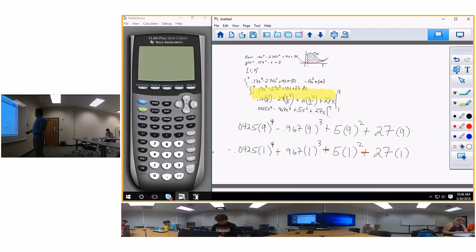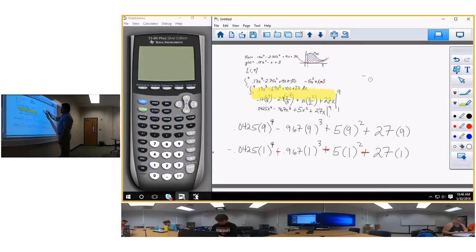So that's going to give us on the bottom minus 0.0425 plus 0.967 minus 5 plus 27. And I need somebody to do that for us.